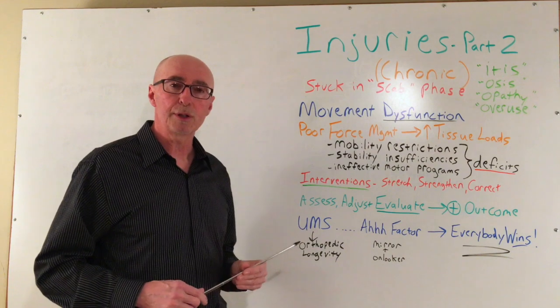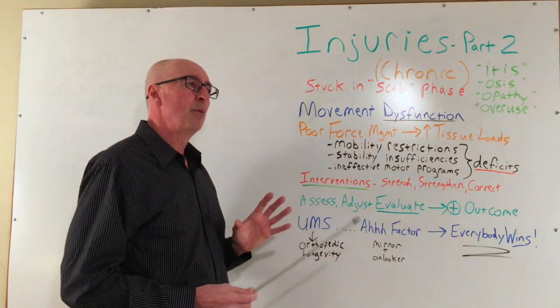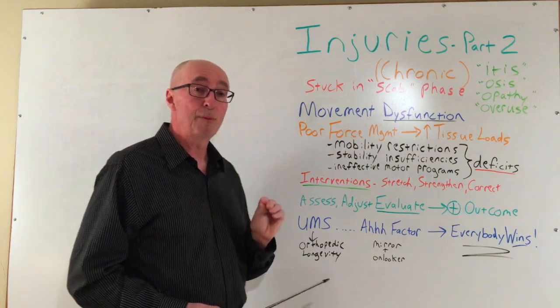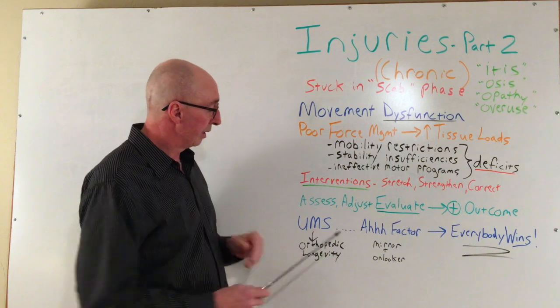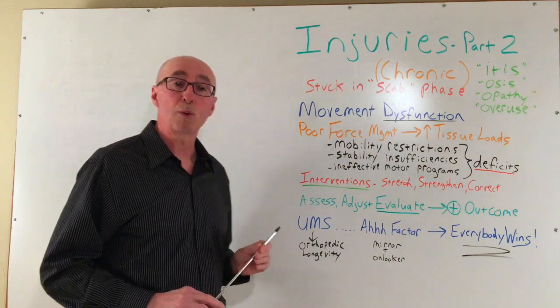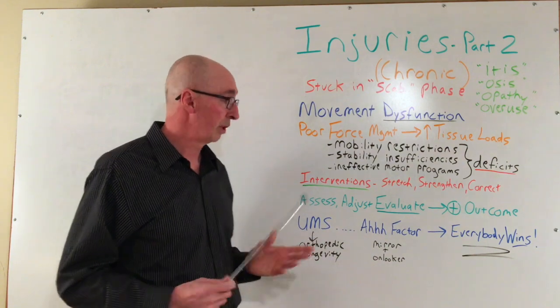I noticed that when I was moving ugly, I was probably decreasing my performance, increasing my risk of injury, and ultimately decreasing my orthopedic longevity. In other words, how well my body was going to work through a lifespan.